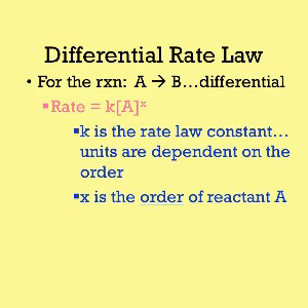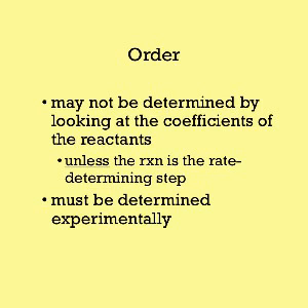K is called the rate law constant. Its units are dependent on what's known as the order of reactant. The order of the reactant, represented by the x, has to be determined experimentally. So we're going to look at how we determine order. You look at reaction rates and at concentrations to be able to determine order.